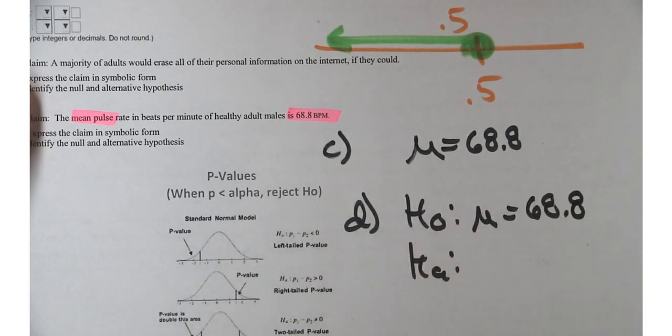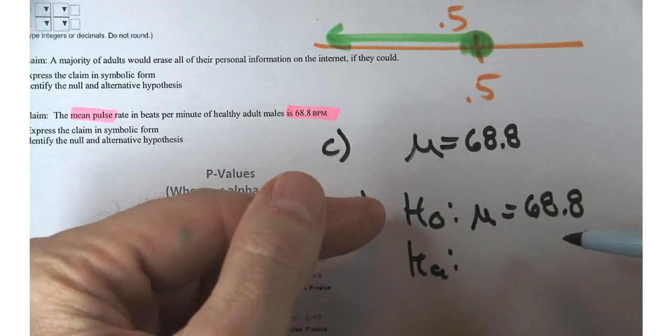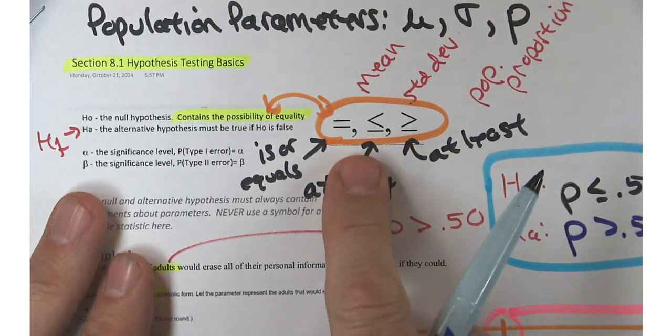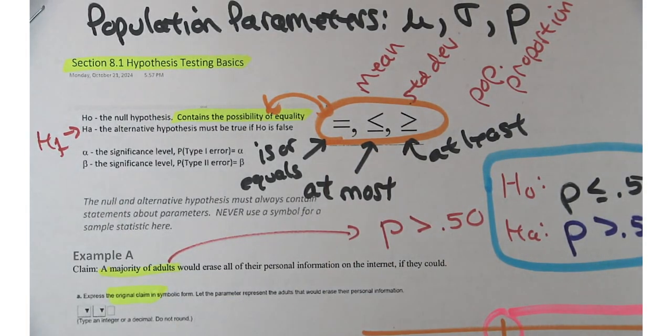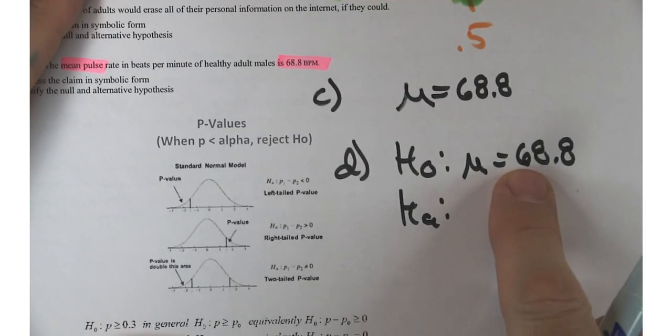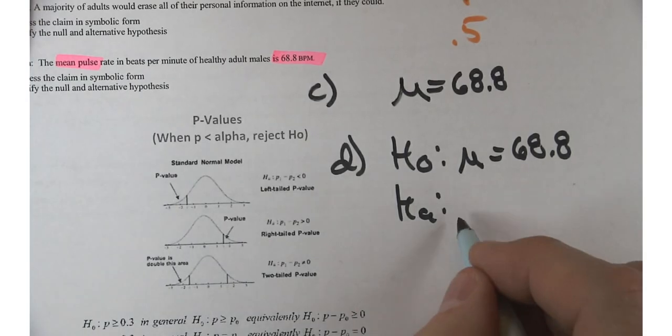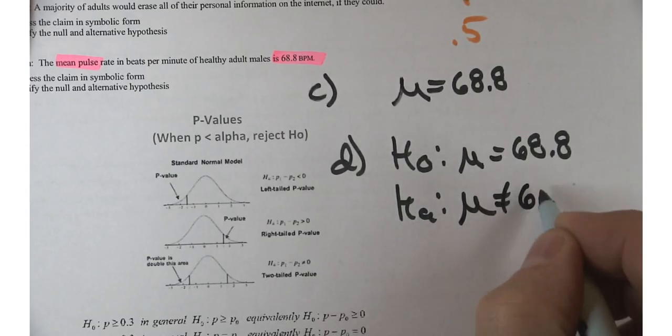Actually, we're going to leave it as the same, but that's part of our null hypothesis because it contains the possibility of equality. If it contains one of these three, it should go in H naught. All right. Now, what's the opposite of being equal to 68.8? Not being equal. Thanks, Nicole. So not being equal is the alternative hypothesis.